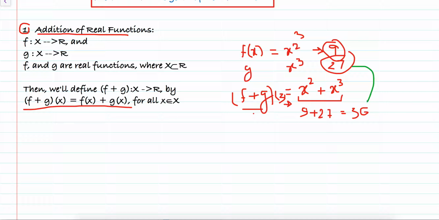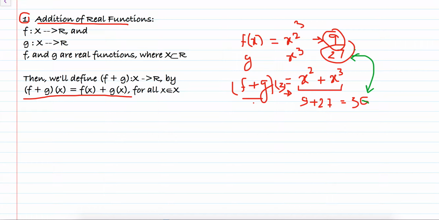These two values are the same. So that's why the combined function (f plus g)(x) would be f(x) plus g(x).